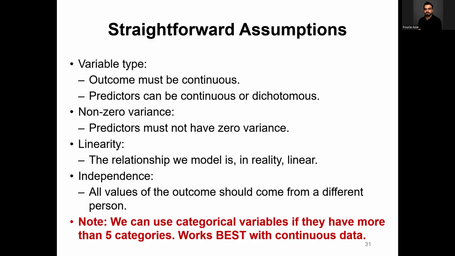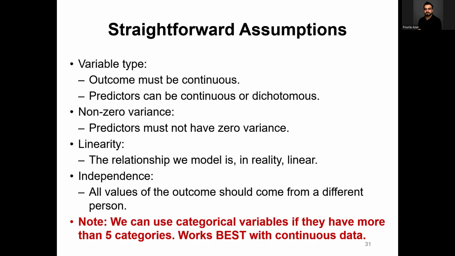These are the main assumptions in regression. The outcome variable must be a continuous variable, so it cannot be a dichotomous or a categorical variable. Predictors can be continuous or dichotomous.